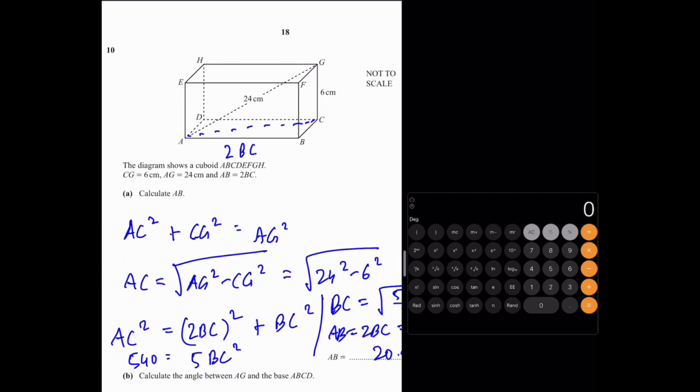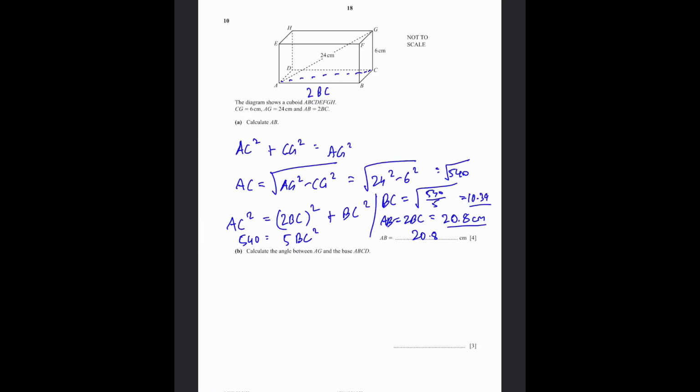Now we can go to part B. Calculate the angle between AG and the base ABCD. So that'll be the angle between AG and AC, or in other words, angle GAC. So we know that this is 24 and this is 6.